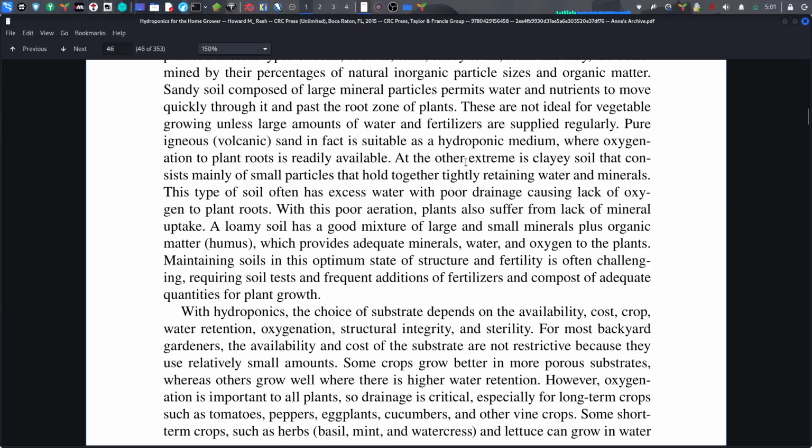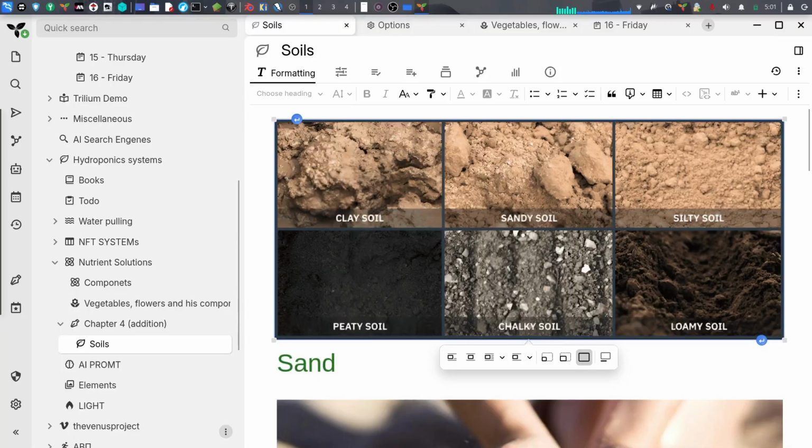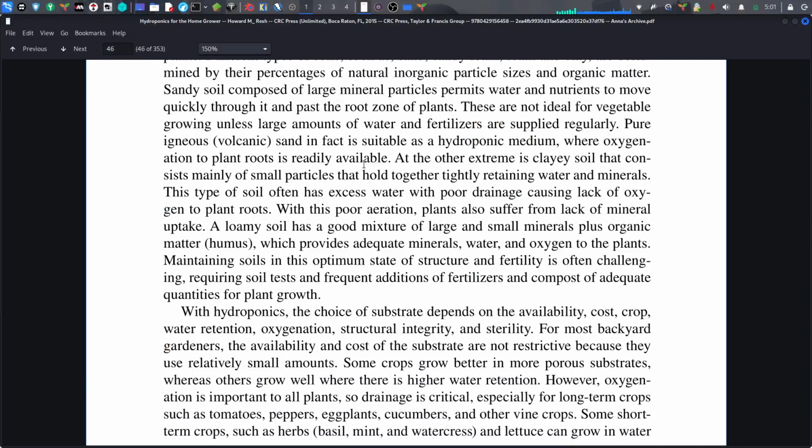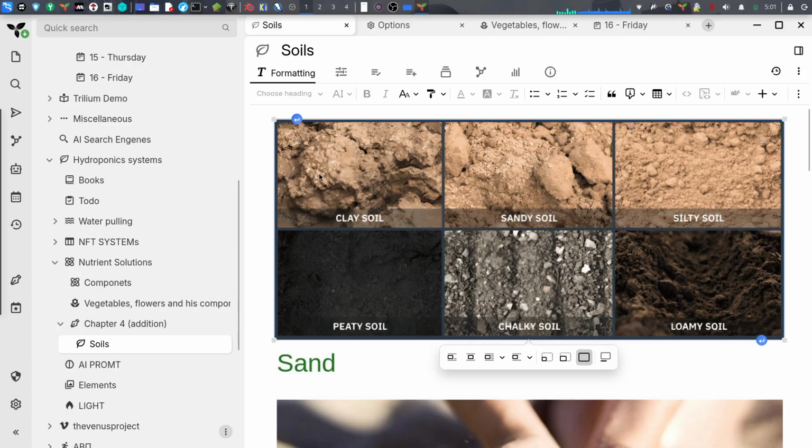Clayey soil consists mainly of small particles that hold together, tightly retaining water and minerals.